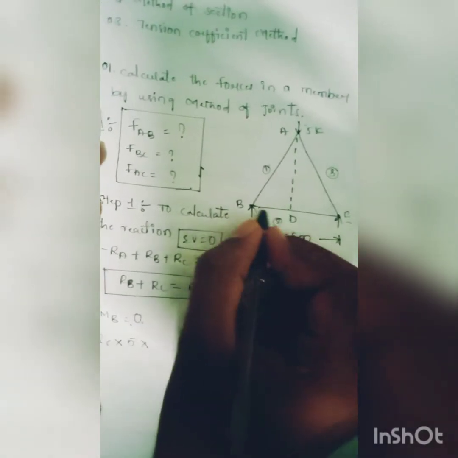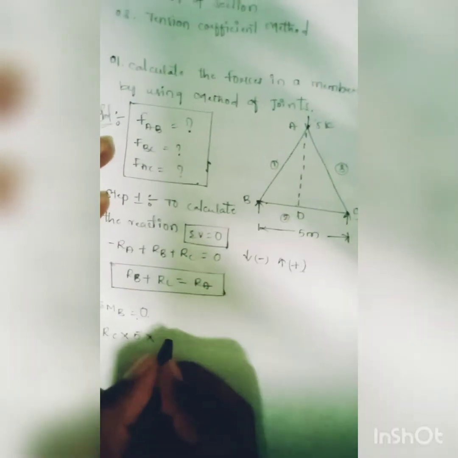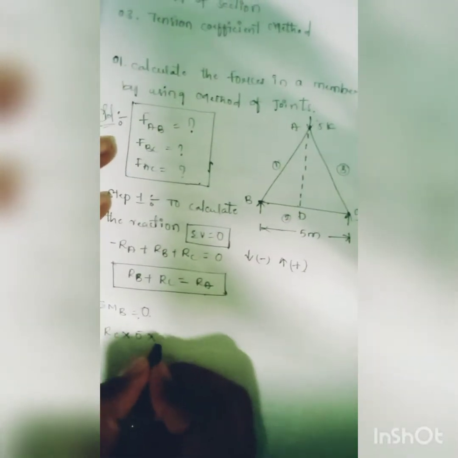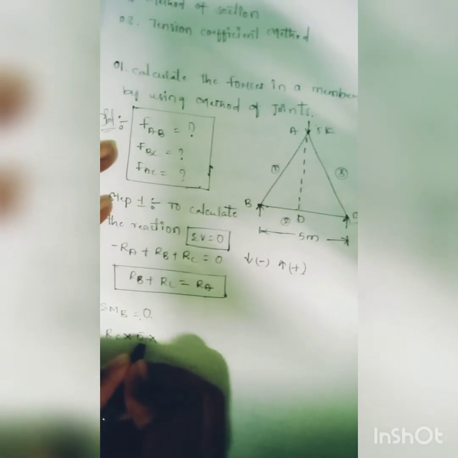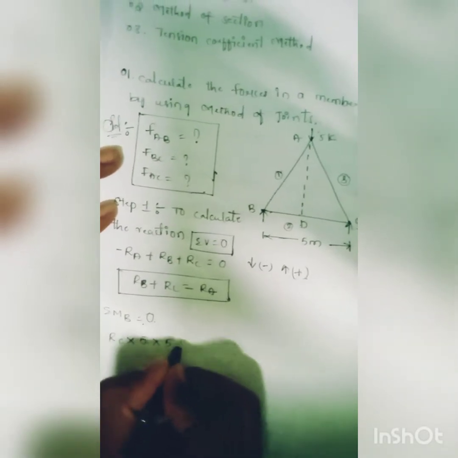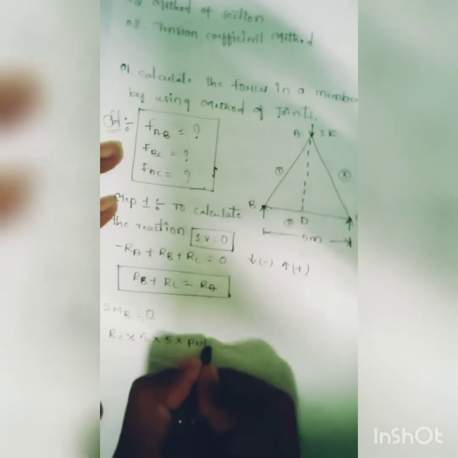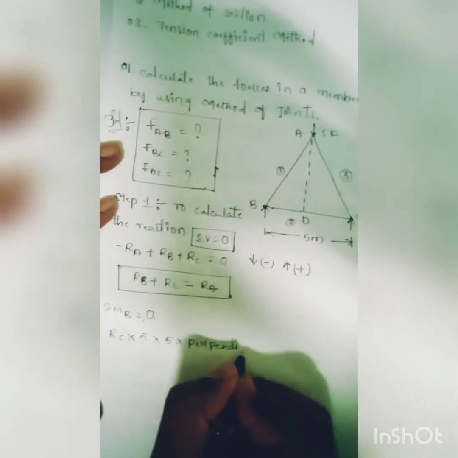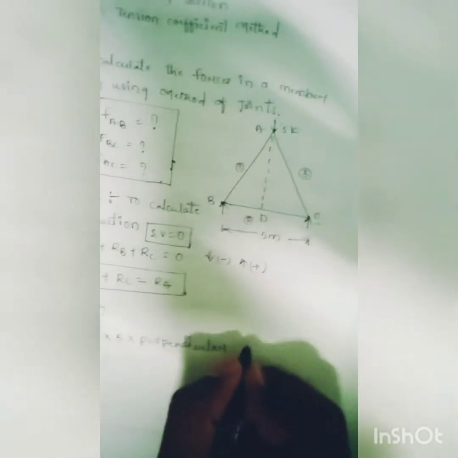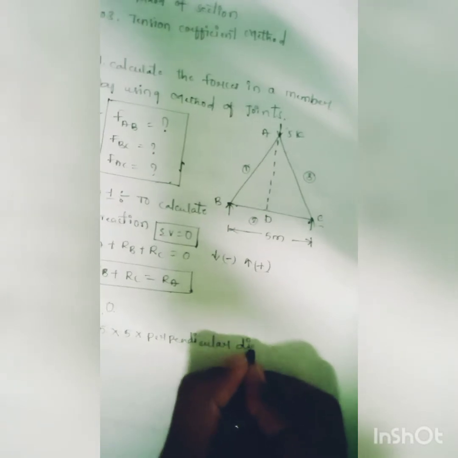We don't know the distance BD. So RC into 5 minus 5 into the perpendicular distance, that is nothing but the BD distance, isn't it?